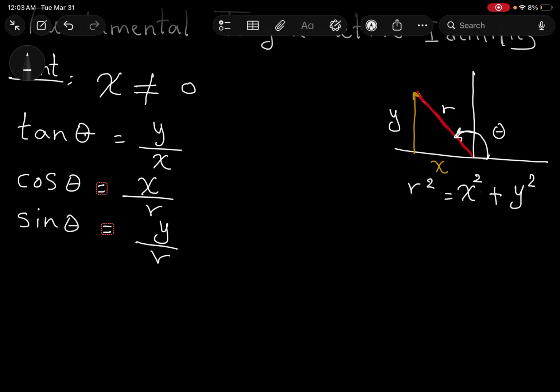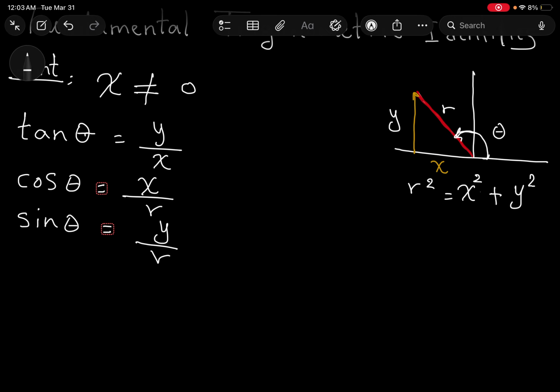Okay? And I prepared this figure for you. We have a right triangle. We have x and y, and the hypotenuse. Hypotenuse is r.